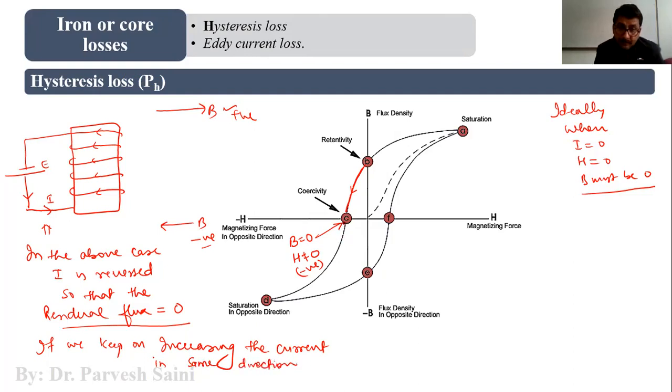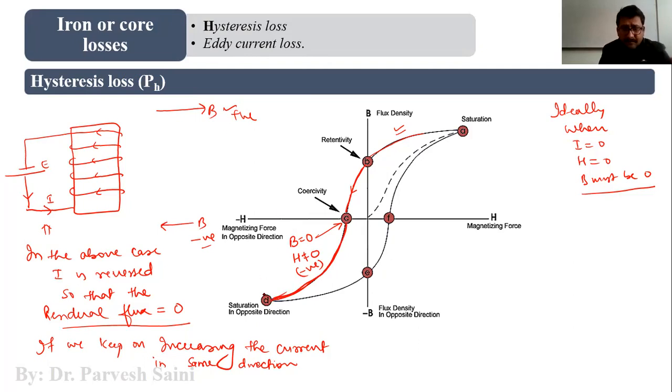Then what will happen? Your ferromagnetic material will start getting magnetized in the direction opposite to the one it was in the first quadrant, right? So if we consider this to be positive, then this would be the negative direction, right? This is the negative direction.